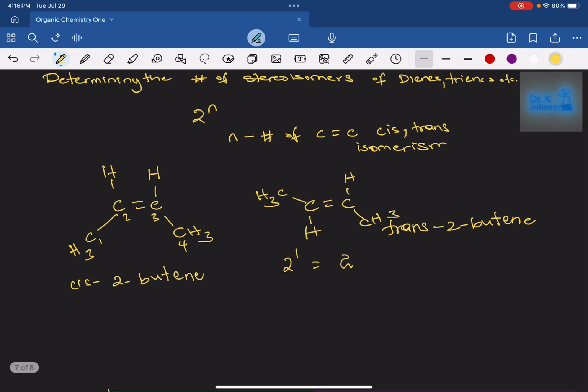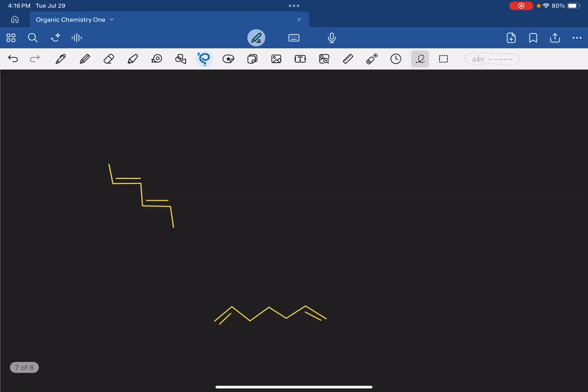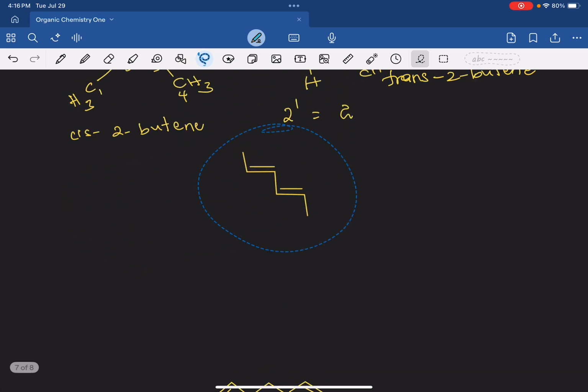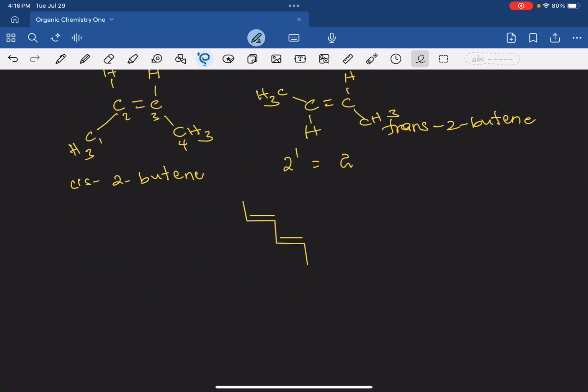What if you're given a question though that has 2 double bonds? Let's say you're given this. It's a diene, carbon 1, carbon 2, 3, 4, 5, 6. Let me take these numbers out. You need to go to the carbon-carbon double bond, and firstly, put in your hydrogens.